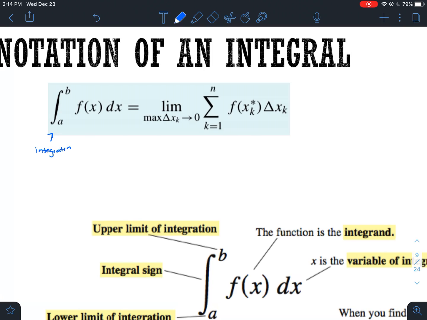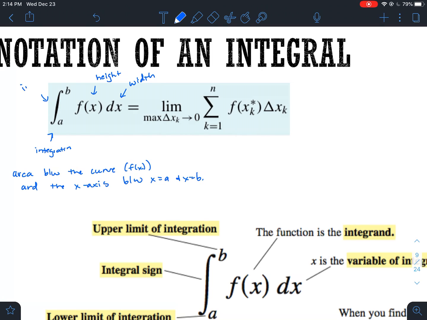So, like I said before, we'll talk about how the integration notation and the sigma notation are interchangeable. So this is the integration method. And so this is just saying you find the area between the curve f of x and the x-axis, between x equals a and x equals b.